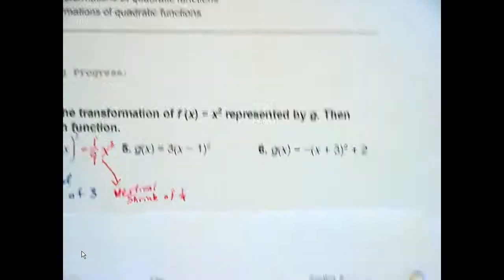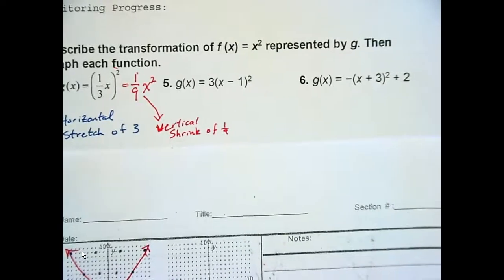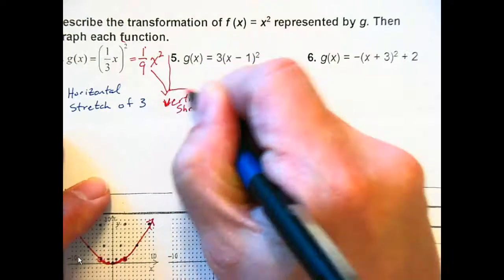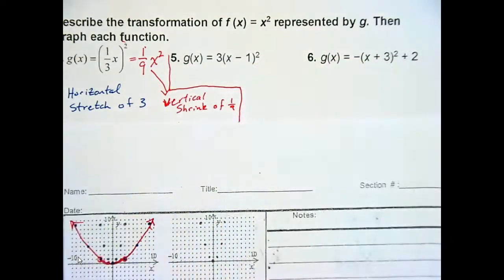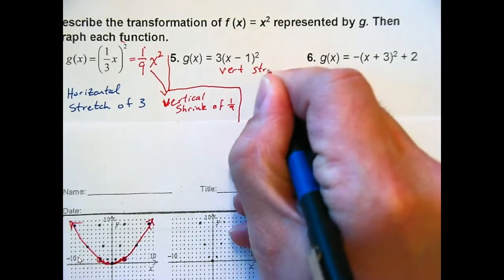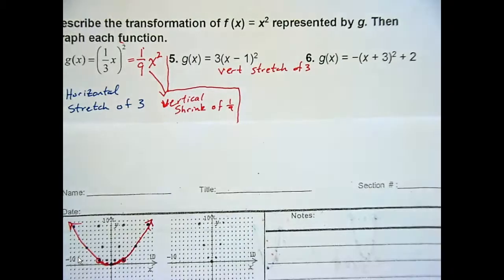Okay, I want you to look at numbers 5 and 6. Actually, look at 5. Tell your neighbor what's going to happen with that. It's going to be that. All right. Hey, what's going to happen on that one? Vertical stretch of 3. Good. Vertical stretch of 3 and?